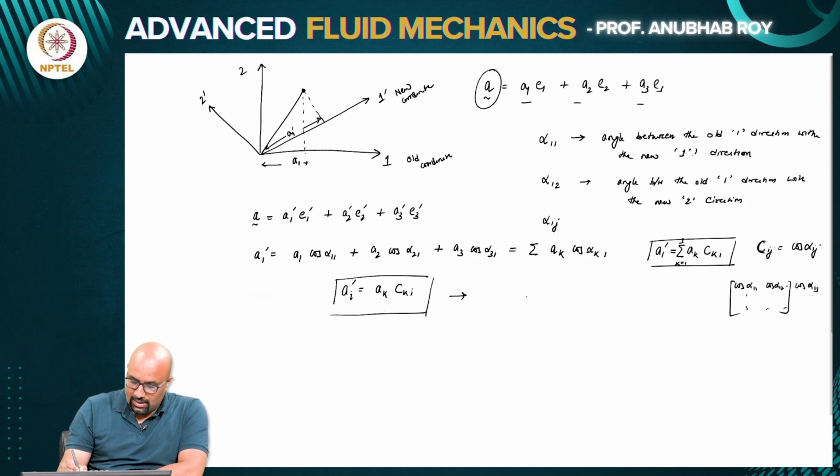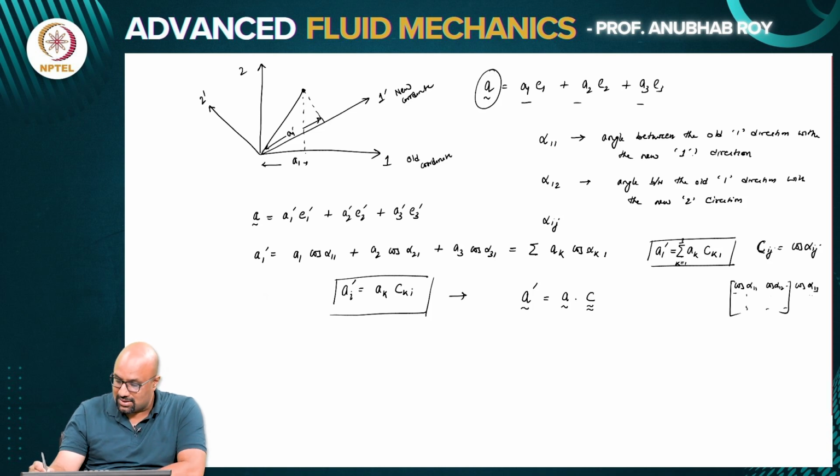So, if you were to write this without indices, what will this look like? This is a vector A dotted with an object that has two indices, and I was writing it as a matrix, which means there are 3 rows and 3 columns.